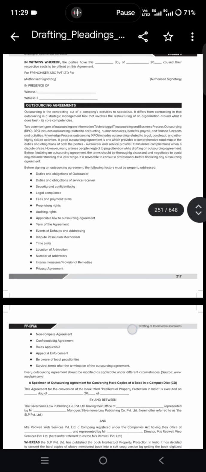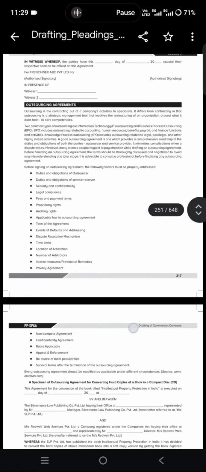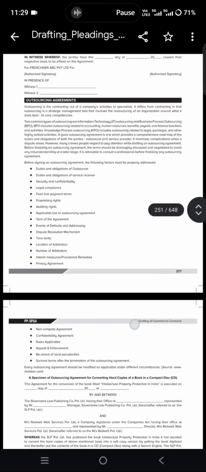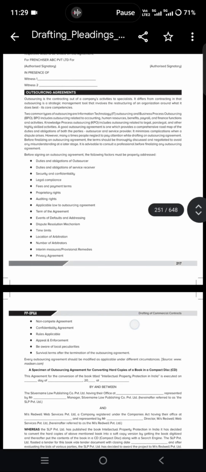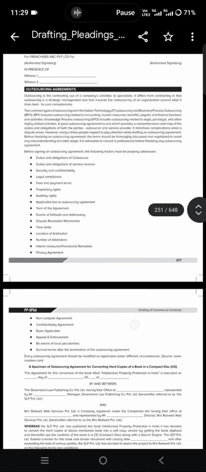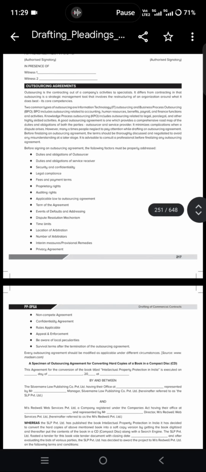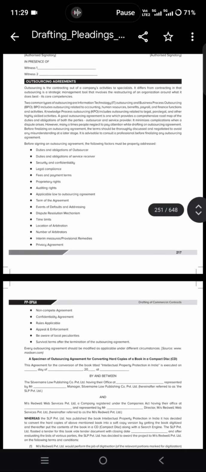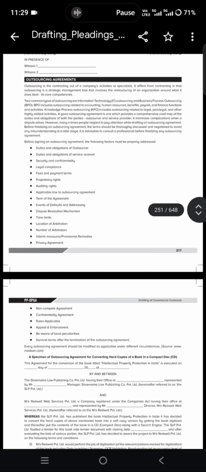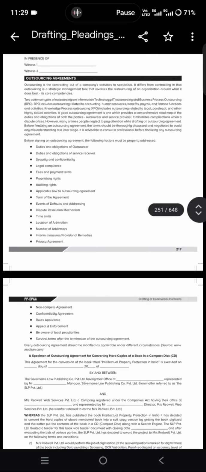Electronic contracts, e-contracts: either a direct question or a case-based question may come. And remember one thing: at the end of the lesson there will be topics, like now we have e-contracts. At the end of the chapter there will be one or two topics that are very important from the examination point of view.